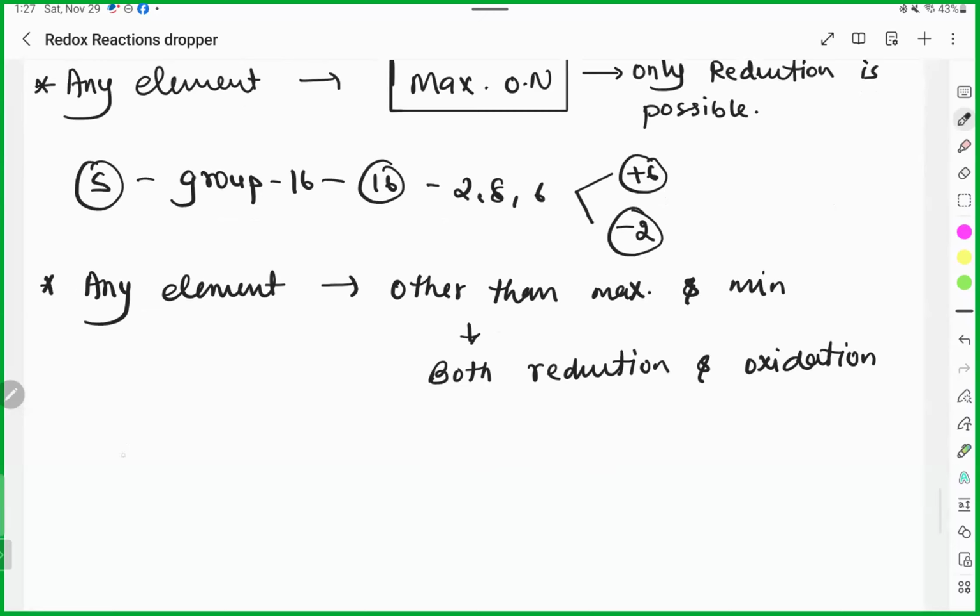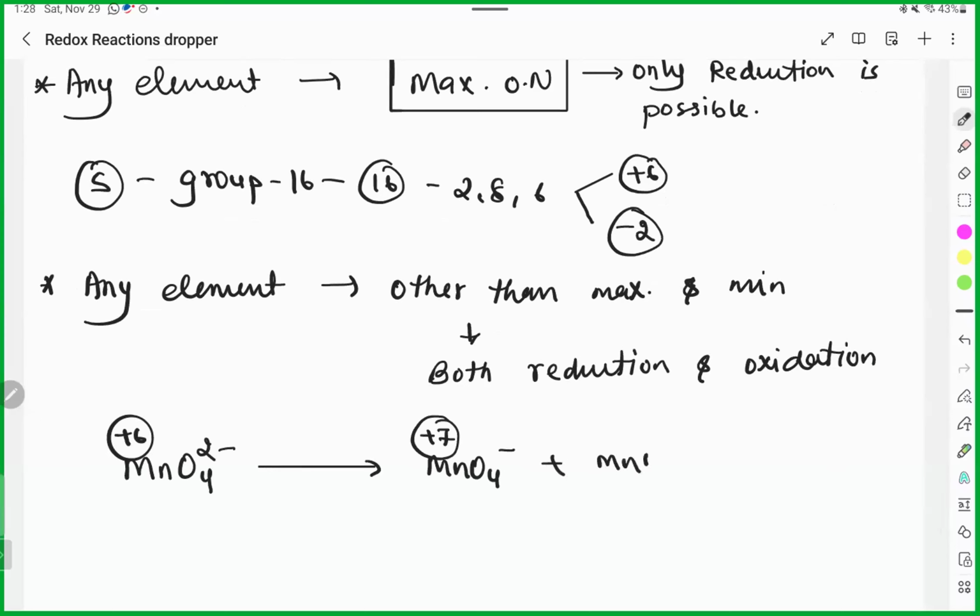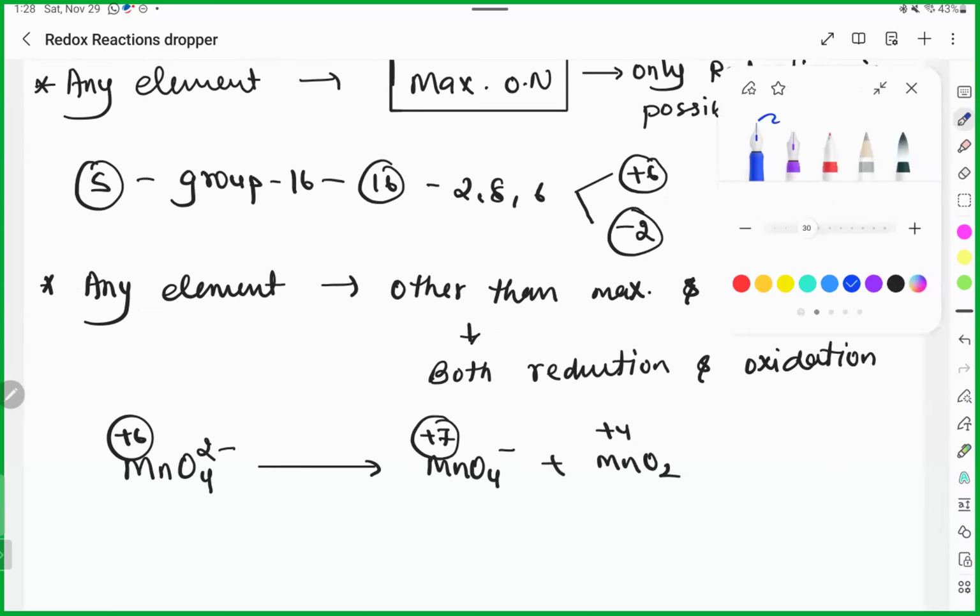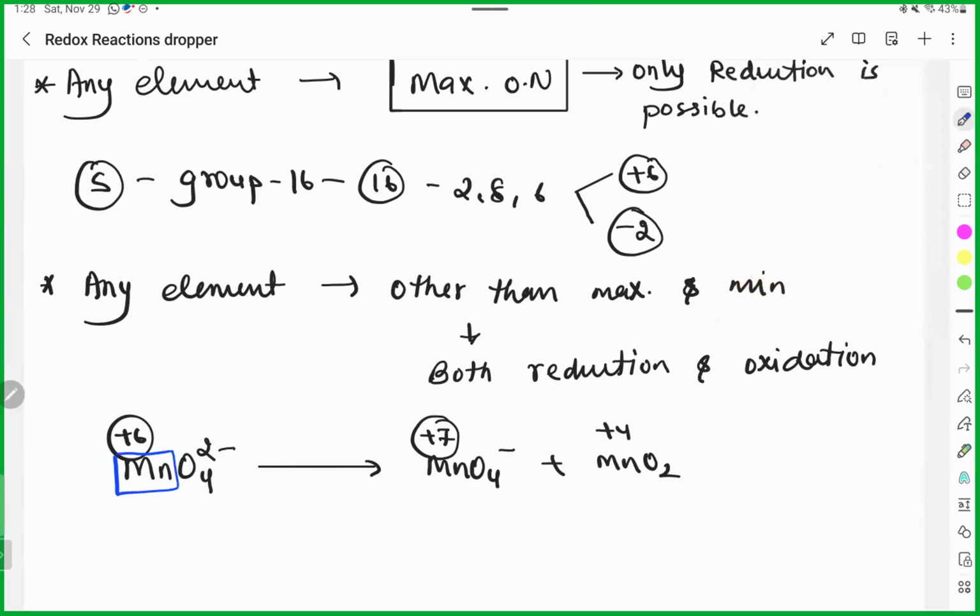Okay, example. MnO4 2 negative. Here manganese has +6 charge. If it converts into MnO4 1 negative, here manganese has +7 charge, and MnO2 +4. So you can see this manganese, which is +6, is not the maximum; the maximum is +7.